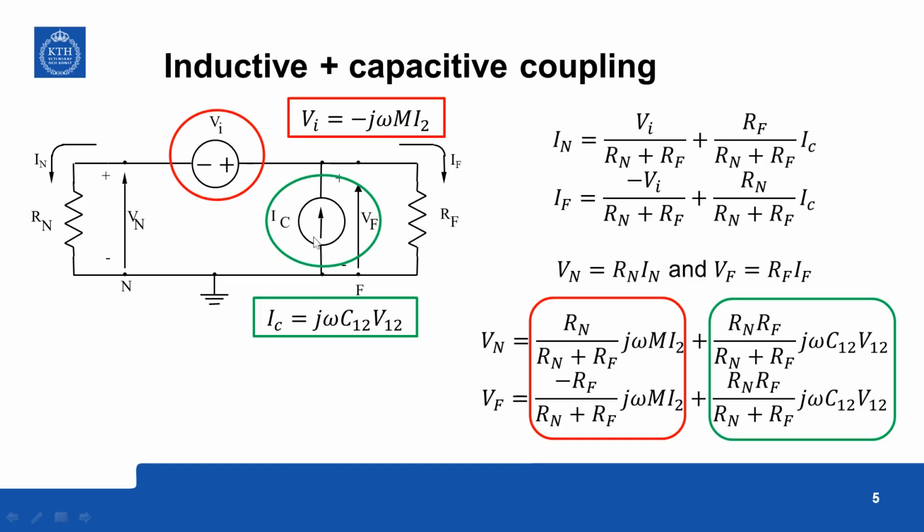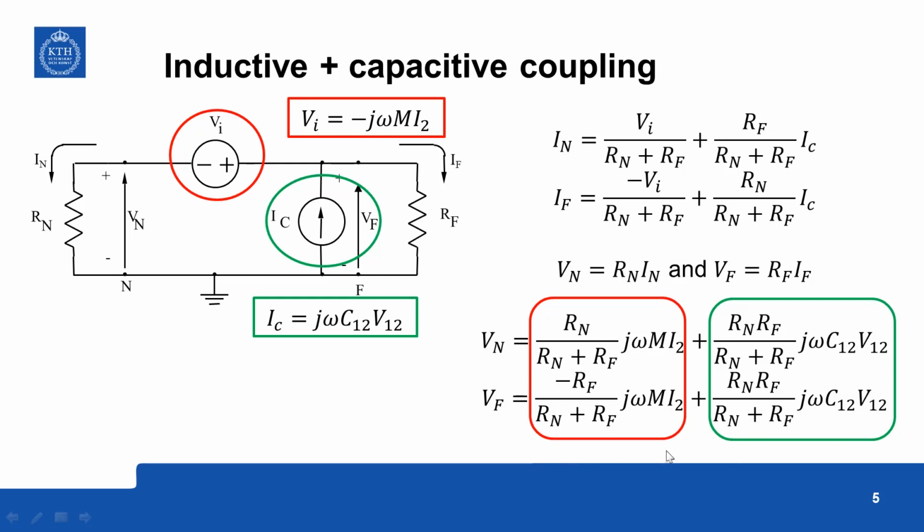So we have the two sources here, Vi equals minus j omega M I2, and IC. Then we write down In, IF, so Vn and Vf. Vn is written by this expression and Vf is written by this expression.